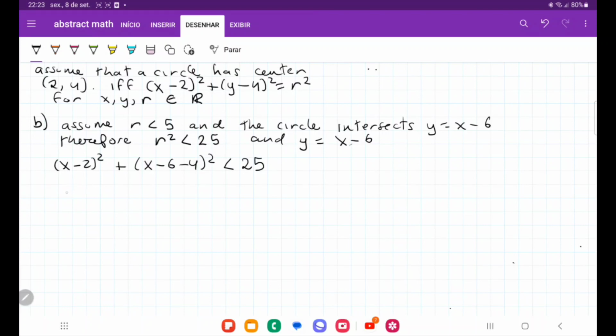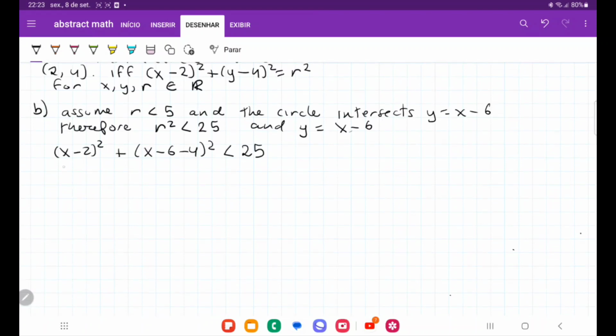So that's going to be x squared minus 4x plus 4 plus, this is going to be (x minus 10) squared, so plus x squared minus 20x plus 100 is less than 25.